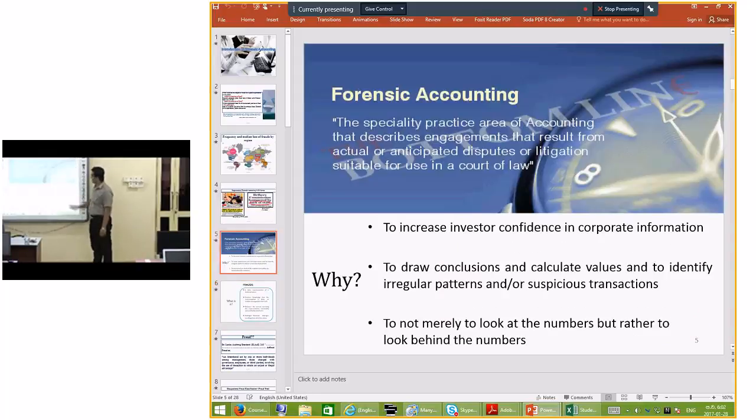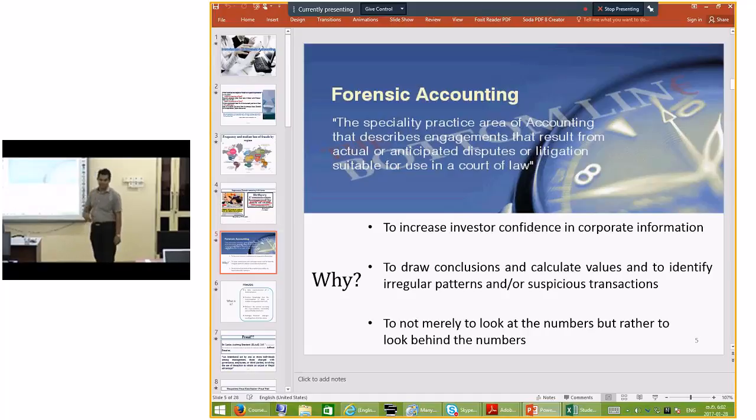So as we discussed, forensic accounting is a special practice area of accounting that describes engagements that result from actual or anticipated disputes or litigation, suitable for use in a court of law.